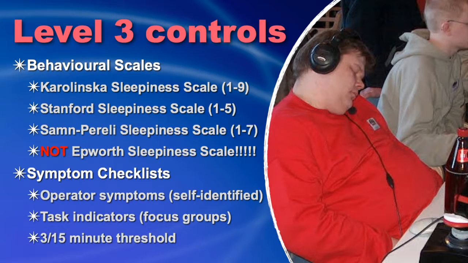These are typically psychological instruments or scales that have been used and developed, and they have good psychometric properties, and most importantly, they're free. The second category is what we call symptom checklists, and these are checklists of symptoms or behavioural changes in the way somebody performs a task, typically through either self or peer identification, and we'll talk about those a little bit later.